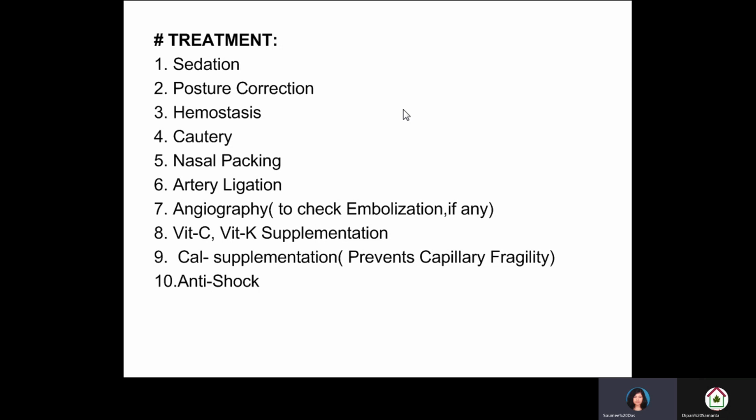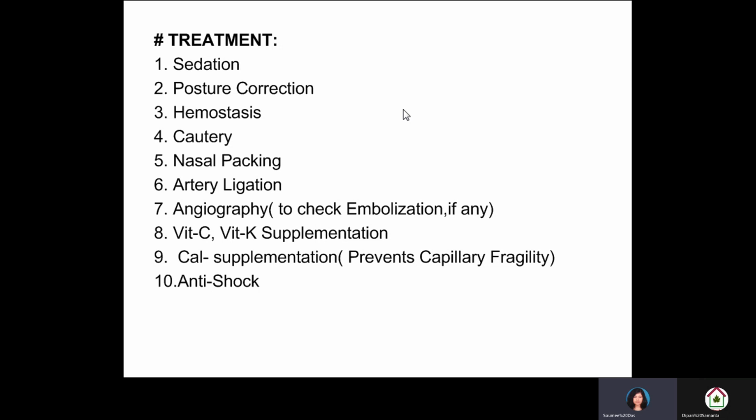Okay, so angiography to check the embolization, whether there is any embolization or not, which is actually causing the bleeding. Next is vitamin C, vitamin K supplementation. Next one is calcium supplementation, which prevents the capillary fragility. And number 10 is the anti-shock measures.